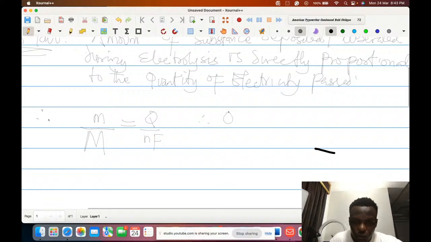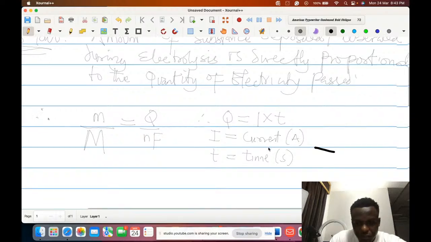Now, Q is the quantity of electricity, which has a formula of I times t. I is the current, in amperes, and the time is in seconds.